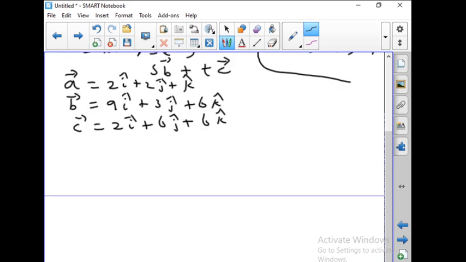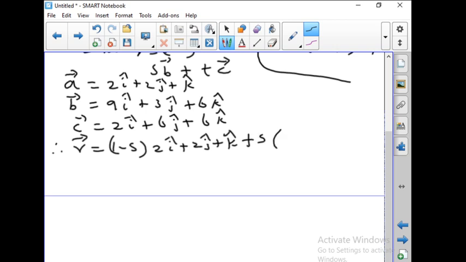So what about the vector equation? Therefore, r vector is equal to (1 minus s) into 2i cap plus 2j cap plus k cap, plus s into 9i cap plus 3j cap plus 6k cap, plus t into 2i cap plus 6j cap plus 6k cap.